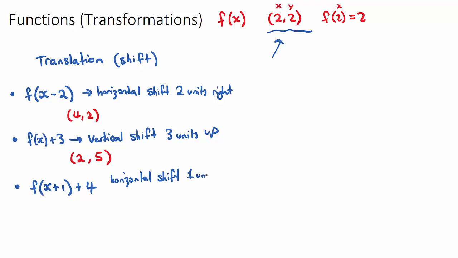So 1 unit left, or the negative x direction, and it will have a vertical shift. This will be 4 units up, because we've just added 4 to the y value. So if we looked at our original point and applied this transformation, the x would go from 2 to 1 because it went 1 unit left, and the y coordinate would go from 2, and we'd need to add 4, so it would go to 6.